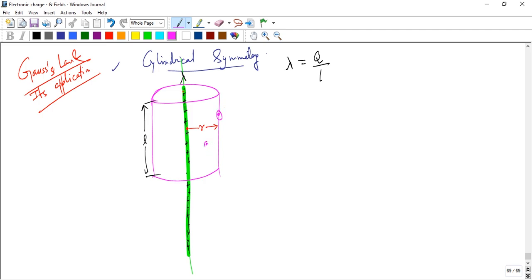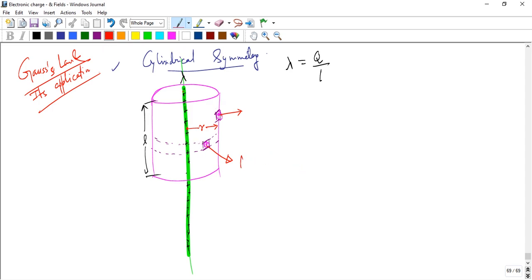That is the surface of the cylinder. If the line contains a positive charge, the electric field goes in the outward direction. We consider a small amount of surface, delta A or delta S, and the electric field E goes outward.